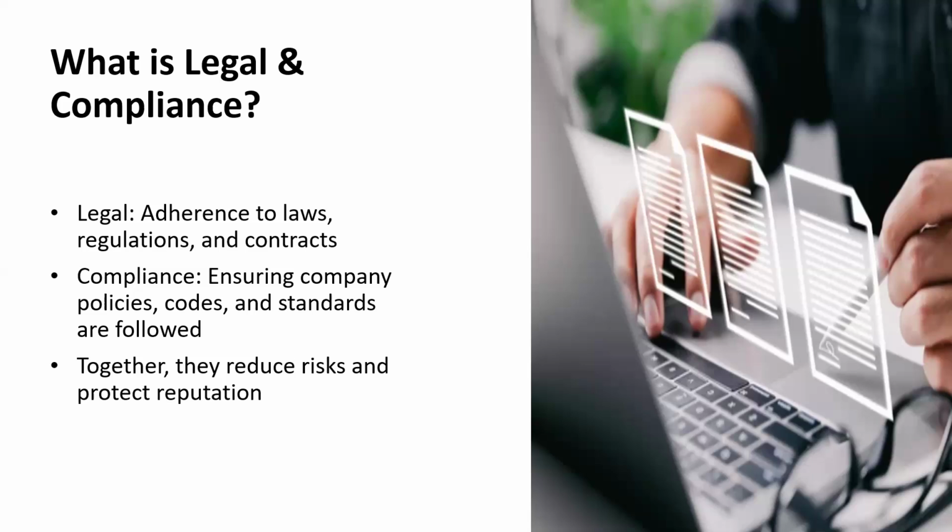So as I said, the legal aspect of this is for companies to adhere to laws, regulations, and contracts. So the legal department typically focuses on protecting the company's interest and handling disputes. On the other hand, the compliance department is saddled with ensuring that company policies, standards, and codes are followed.